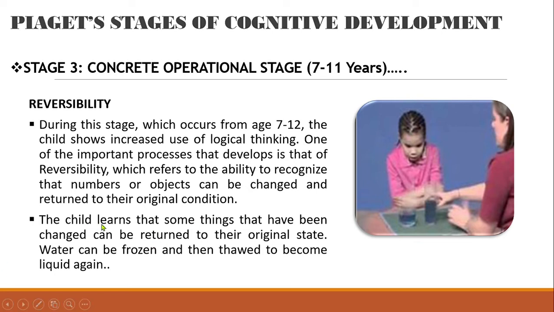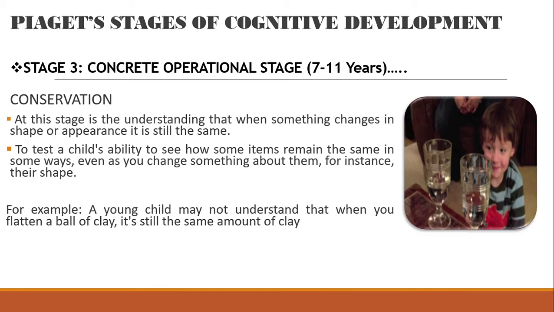So the child learns that some things that have been changed can be returned to their original state. So water can be frozen and then be thought to become liquid again.